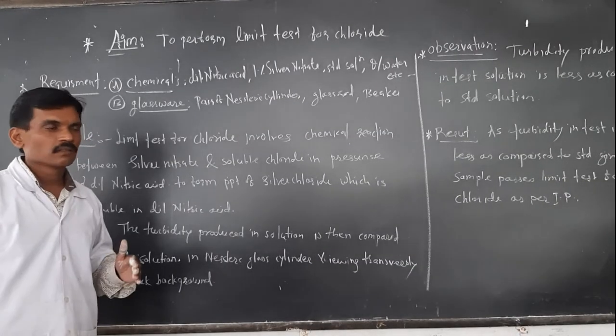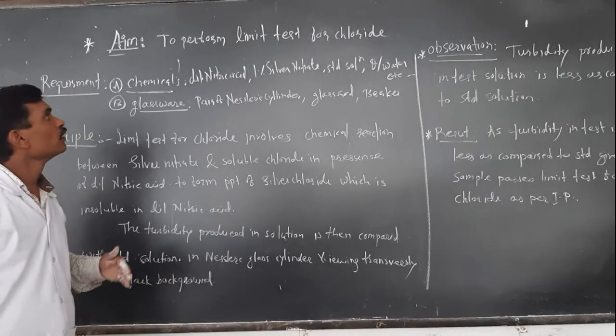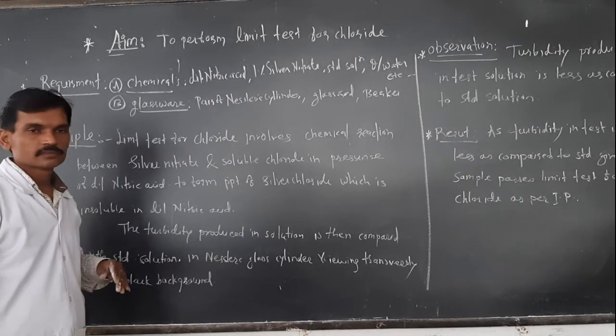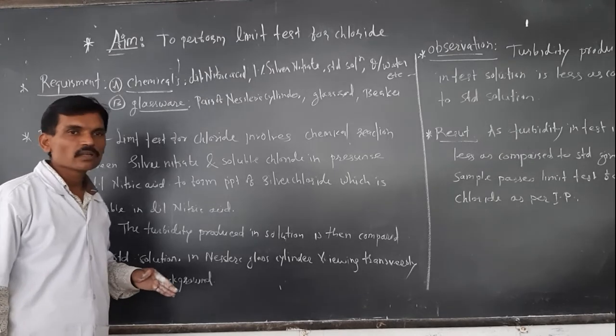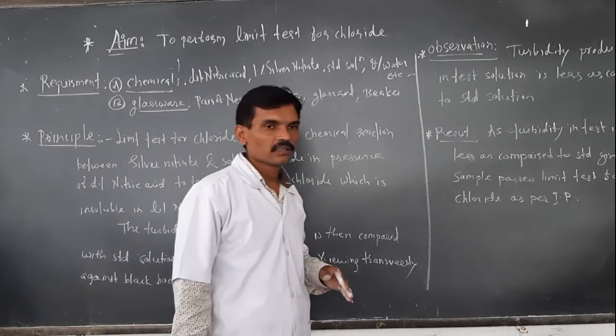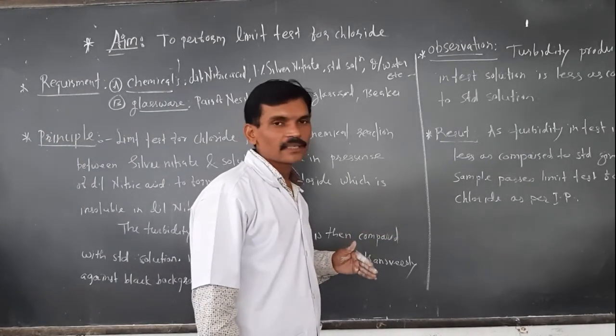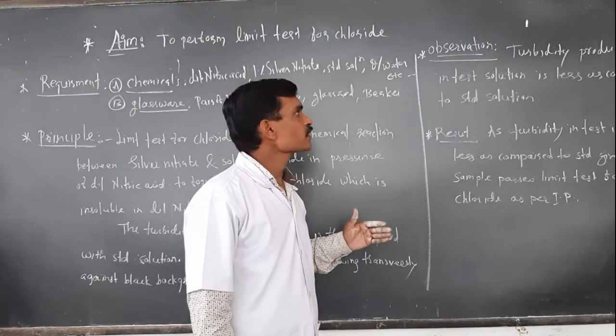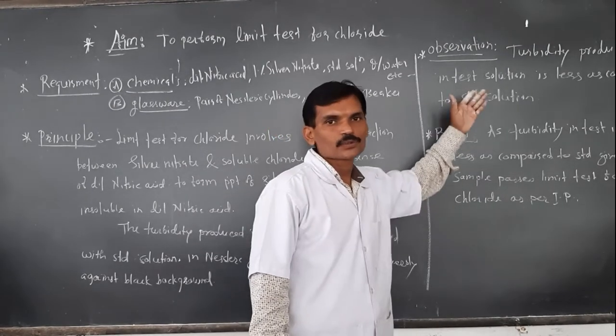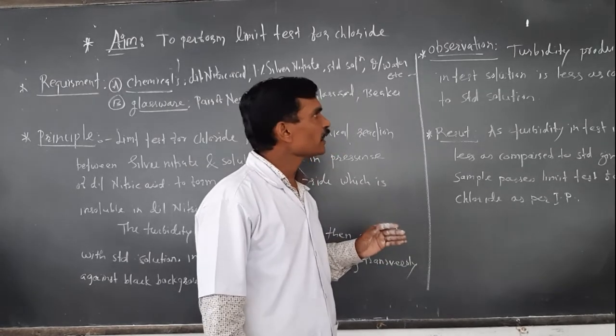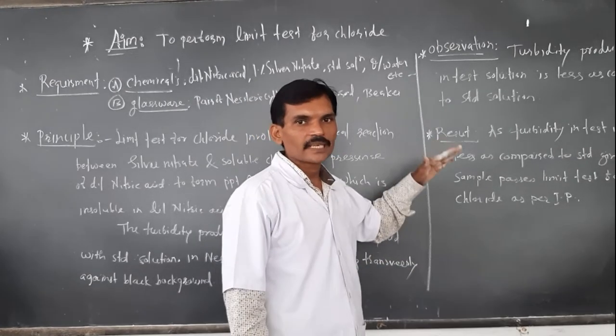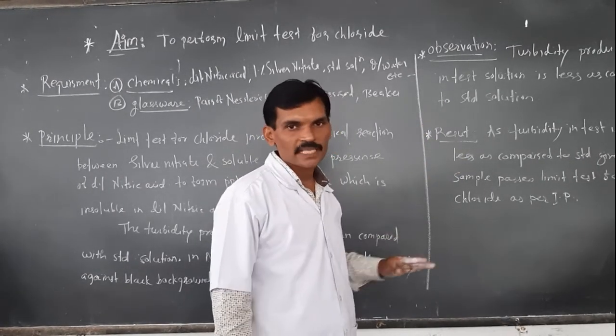So friends, after performing the practical of the limit test for chloride, we got some observations. A white opalescence or turbidity is produced in the test solution. Similarly, white turbidity or opalescence is developed in the standard, where a known amount of chloride is present.